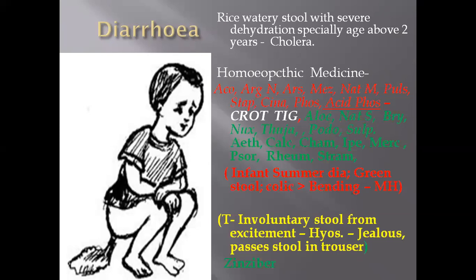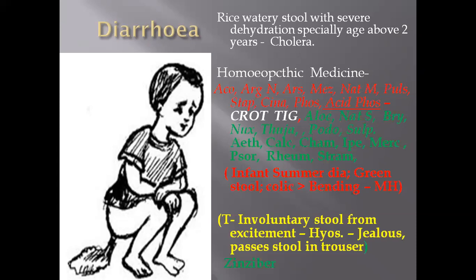Now, jet-like stool means, see in this picture, the way of passing stool is jet-like. That is, while passing stool, the stool passes out very speedily and along with a great sound. This is called the way of passing jet-like stool.